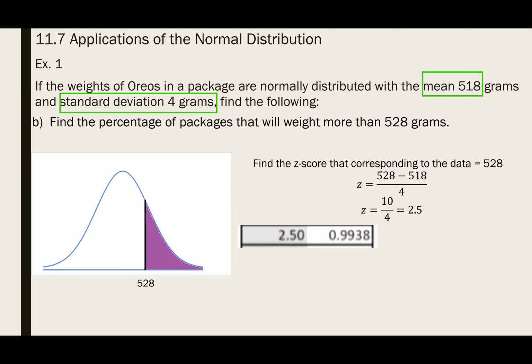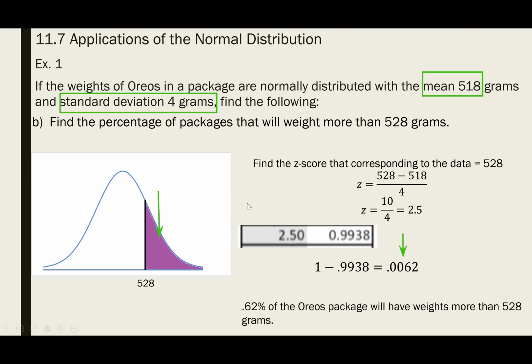Is that my answer? Hopefully you say no, because we're looking for the area to the right, and for the area to the right, we need to take 1 minus the area in the table. And again, you can see that my sketching is technically not correct, because looking at this, you can see that it's less than 1%. Meaning, to be technically correct, the shaded area is somewhere like this.